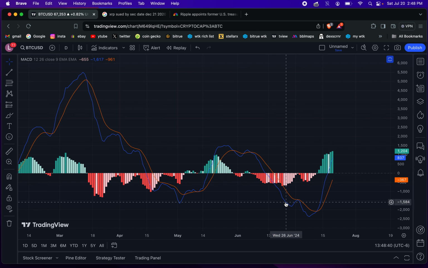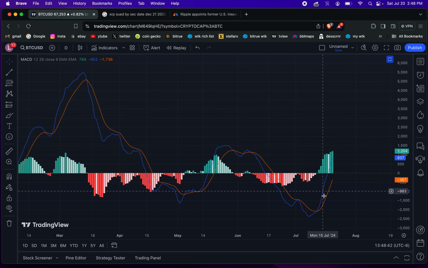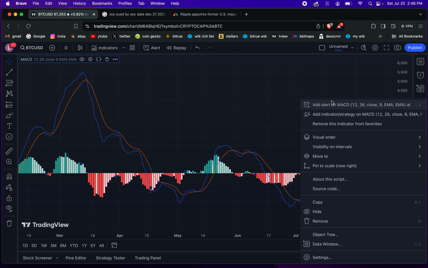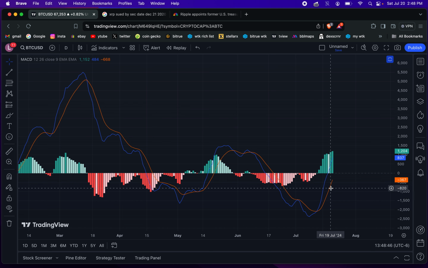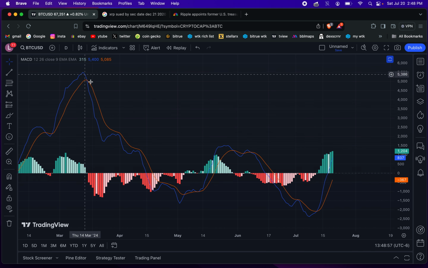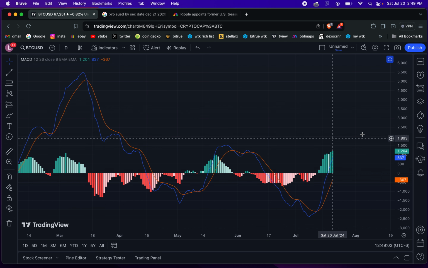The MACD line is the blue one, and the other one is your signal line. So this move up, see how it's going underneath the orange line? That's bullish. And if it goes over the orange line, it's bearish. So it's usually followed by bearish price action.